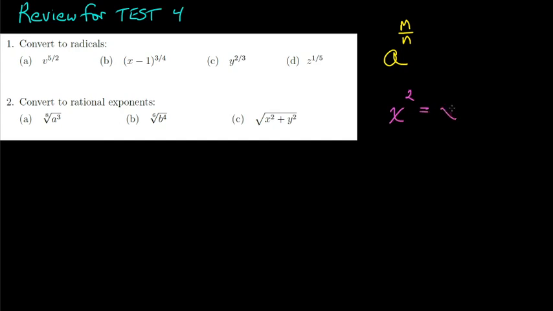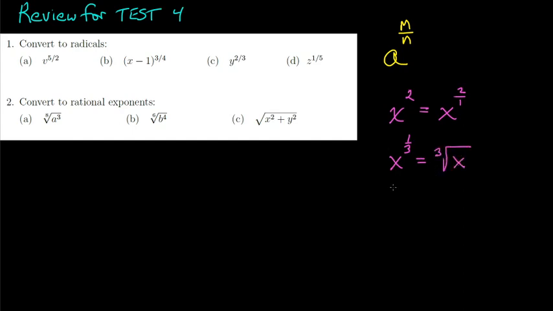There's no radical here. It's just x to the 2 over 1. On the other hand, if you have something like x to the 1/3, this is not the same as x to the 3, because 1/3 is not the same as 3. So what is it? It has to be the cube root of x.